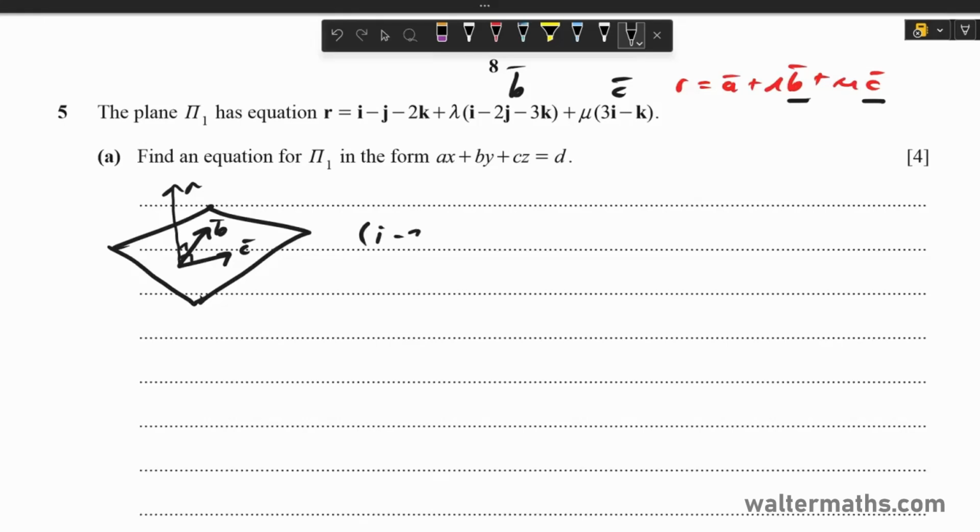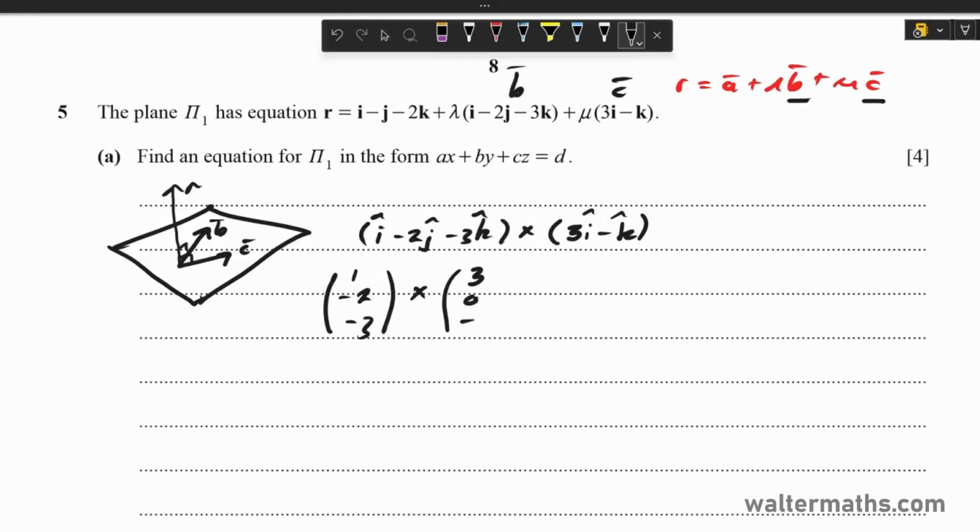So we have i minus 2j minus 3k, and we are multiplying that by 3i minus k. So this is like 1, minus 2, minus 3, and we are having vector product with 3, 0, minus 1.